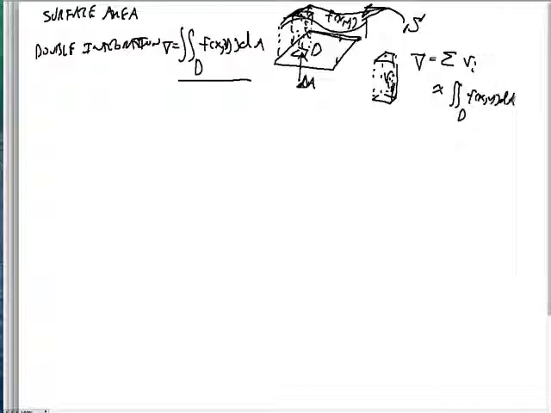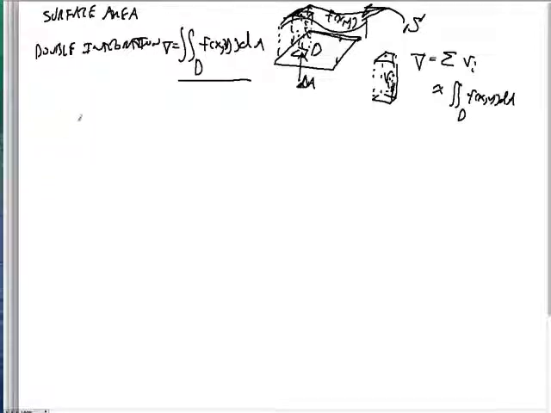Now, obviously, if f goes below the xy plane, then the volumes that we're computing are negative volumes, but the idea is fairly straightforward even then. A surface area is a totally different thing.